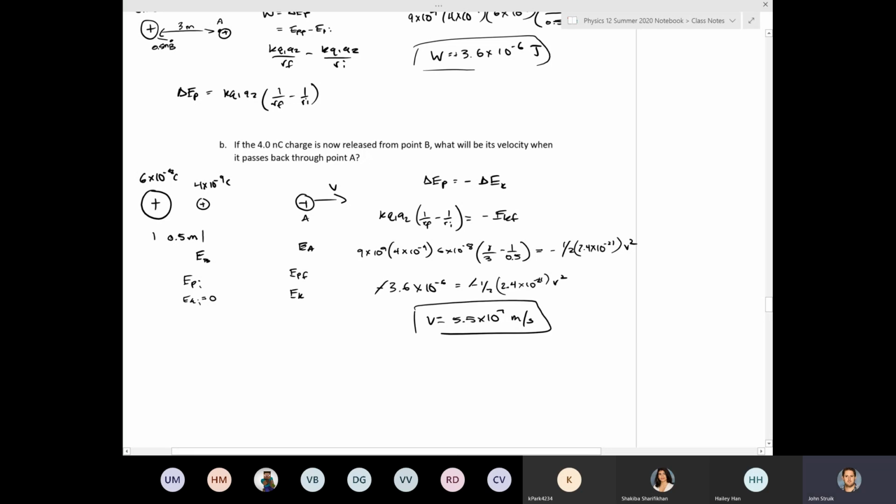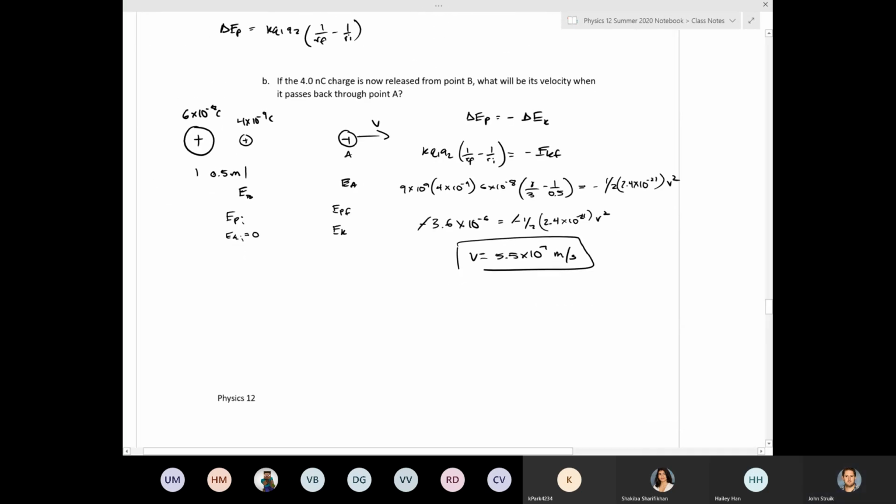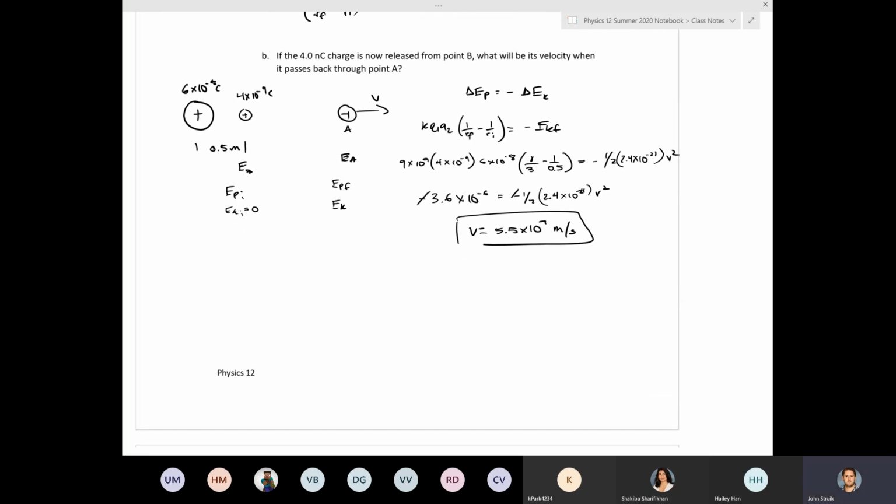Boom, like that. Hopefully that makes sense. If you're solving questions that have v, and your answer comes out to be something like 6.2 times 10 to the 12 meters per second, there's an issue there. And that issue is that this is the max speed you can ever get.